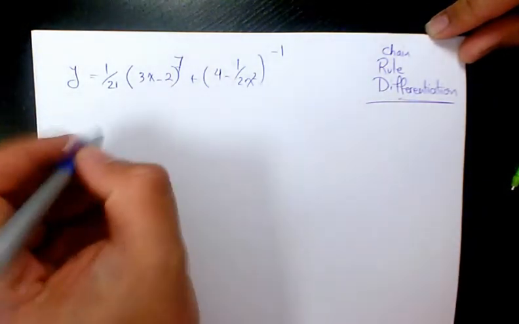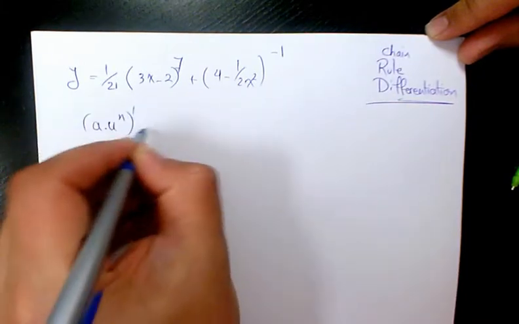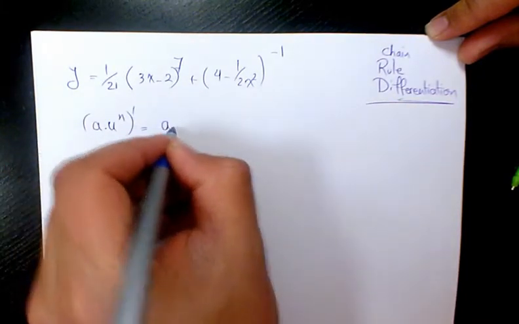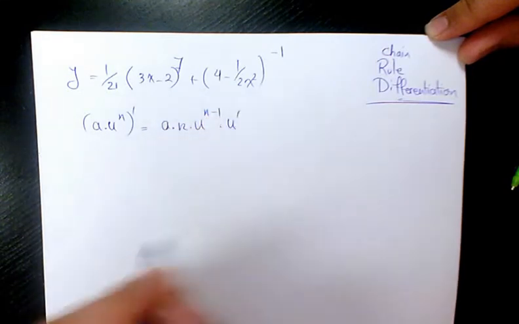So we know when we have a times u to the power of n and we want to find out the derivative, it is going to be a times n times u to the power of n minus 1 times u prime.